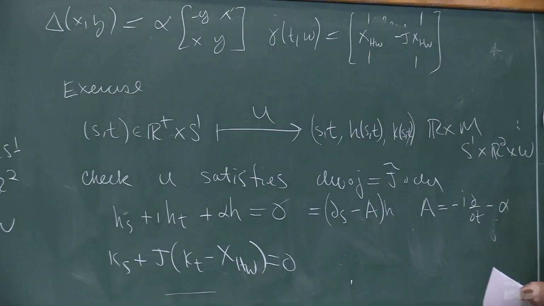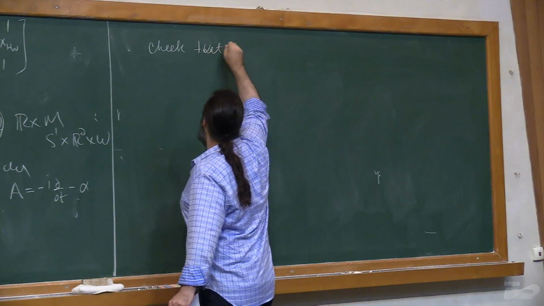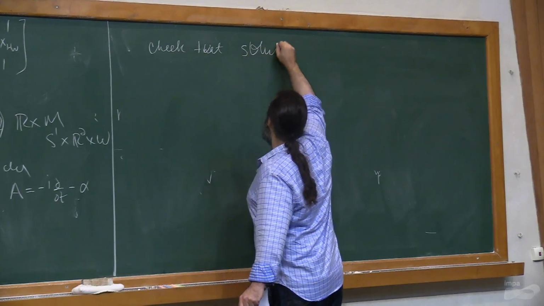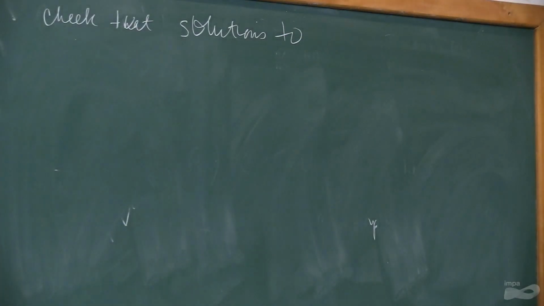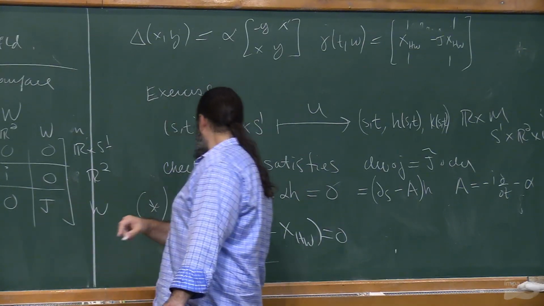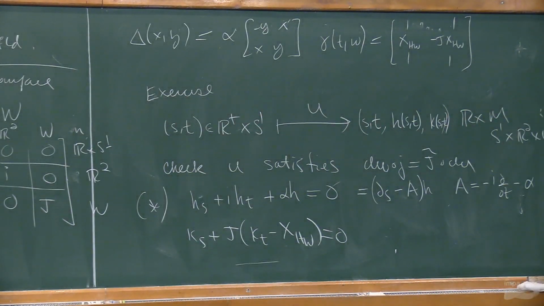Okay, so we can write down solutions to that explicitly. So check that solutions to, let's call this equation star, and we can solve it with Fourier series, essentially.